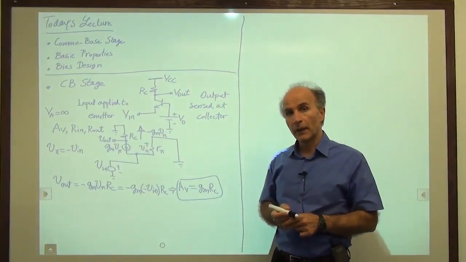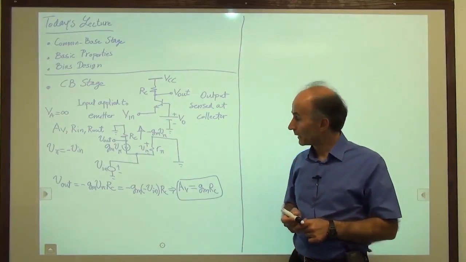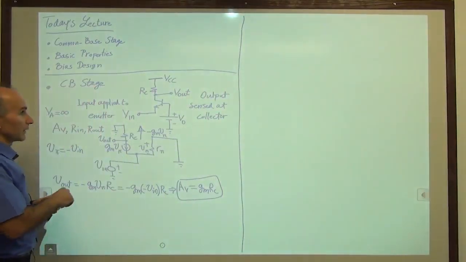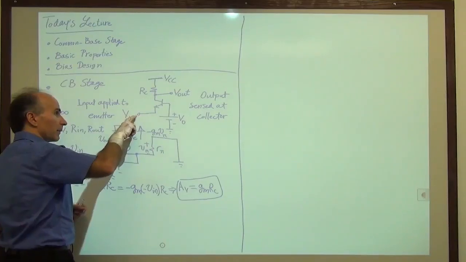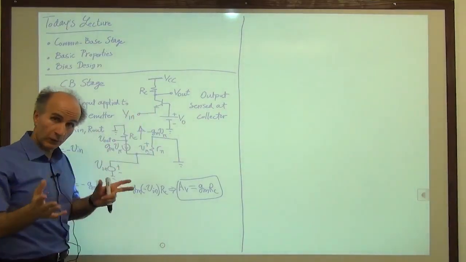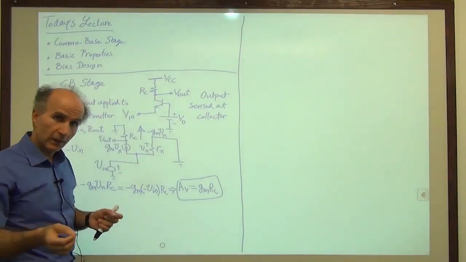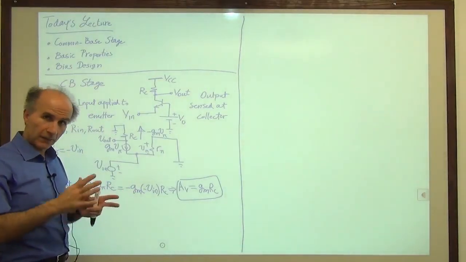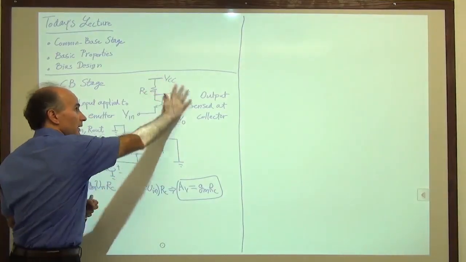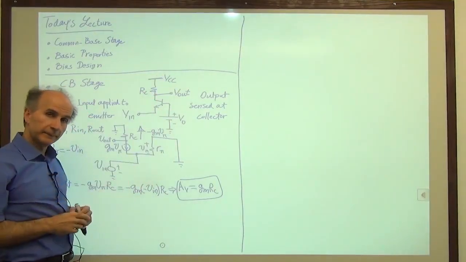How about the input impedance? The input impedance is defined as: apply a voltage here, measure the current, and divide this voltage by that current, all of course in the small signal regime. And that would be the input impedance, assuming that we set all independent sources in the circuit to 0.